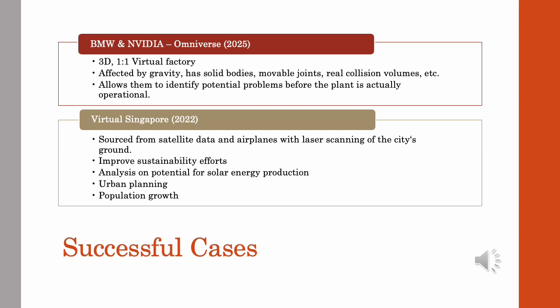And designers can add various machines, production lines, and factory buildings to this model. All robots in real life have corresponding 3D models in this virtual world. They are affected by gravity, have solid bodies, movable joints, and real collision volumes.